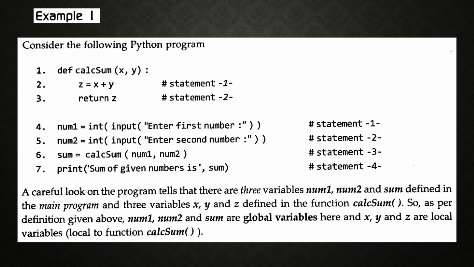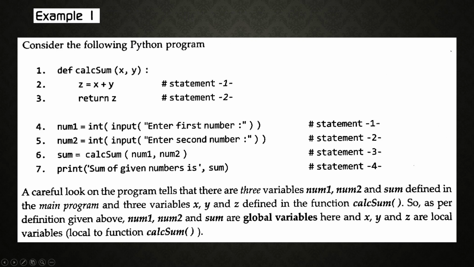See here, x, y: the variables defined in the function header or function definition are called local variables, or local scope. And variables defined in the main program or top level segment are called global variables, or global scope.